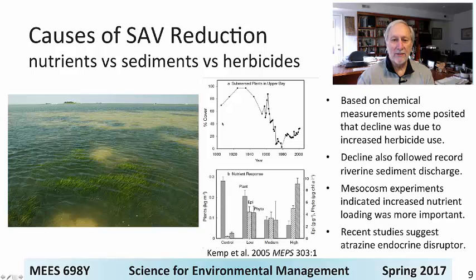Here, these are estimates of the abundance of submerged plants in the upper bay, the Maryland part of the bay, over the years, and you can see how the decline was quite precipitous, and particularly corresponded with tropical storm Agnes that really knocked the grass beds pretty hard, and their recovery has been very slow. And so this is where we're struggling to improve the acreage, the area covered by submerged aquatic vegetation.